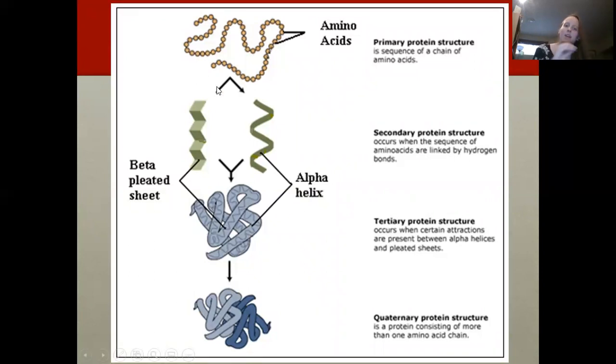Then we create some hydrogen bonds to create either a beta pleated sheet or an alpha helix. Then you'll have covalent bonds forming between beta pleated sheets and alpha helixes, which further folds up your protein onto itself. And then if you have 2 folded proteins attached to one another, that would be a quaternary structure.